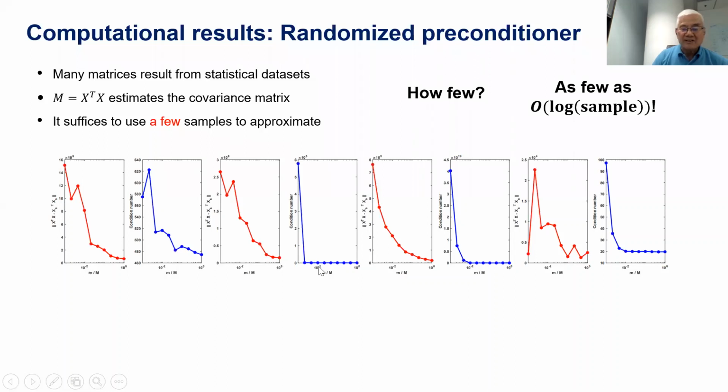We only need to sample even 1%. Usually the number of rows in X is more like 1,000 times the number of columns. So it's not high dimensional data. It's low dimensional data, but with many data points, because this is regression, where they accumulate many years of data.